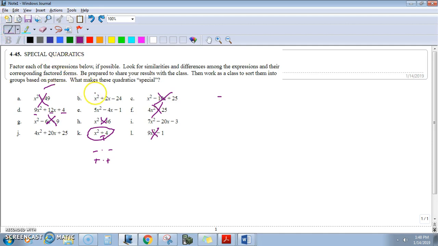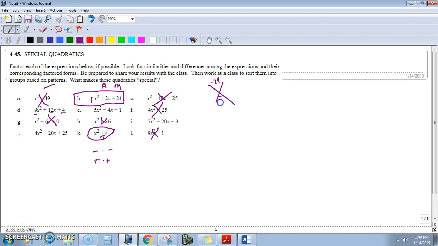So let's go ahead and do this one. I think it's going to be the easiest one that we have left because we have a leading coefficient of 1. So I'm just looking for two numbers that add up to be positive 2 and multiply together to be negative 24. So they multiply to be negative.